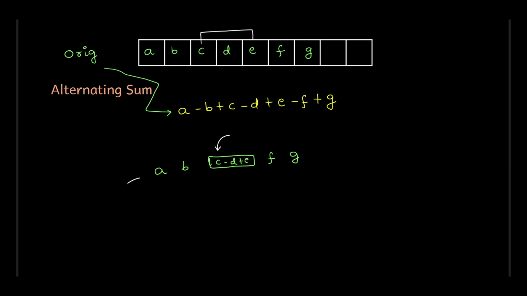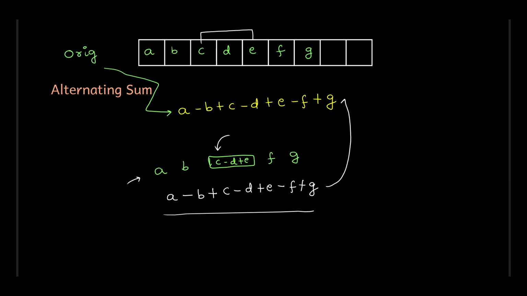So when you create the alternating sum of this, it would be A minus B plus C minus D plus E minus F plus G. So you see, this alternating sum did not change.